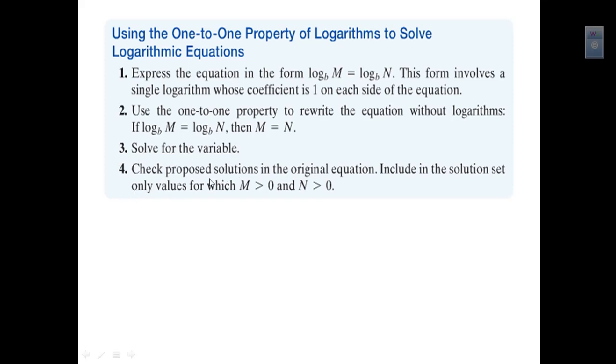But you always want to go back and check the proposed solutions. Whatever solution you come up with, you've got to check and make sure that it does work. There are going to be situations where none of your answers work, situations when one of your two answers will work, and options where both answers will work. It's just different for the different problems.